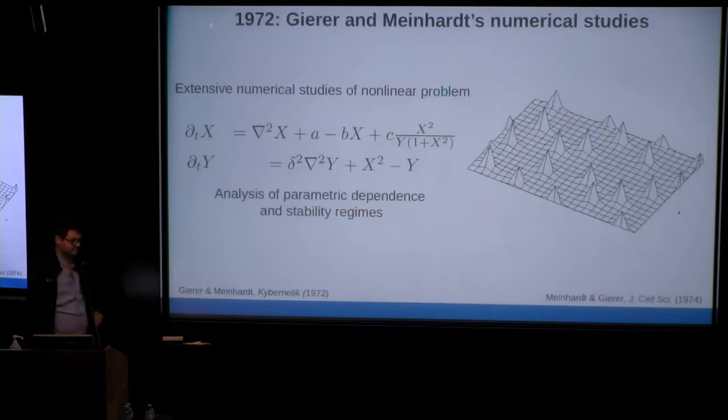So 20 years after Turing, there's a resurgence of interest in this problem from the mathematical community. You get Gierer and Meinhardt, who do much more sophisticated numerics, taking advantage of a generation's worth of computational development, much more sophisticated studies of these reaction diffusion systems. They're looking at it in 2D. They're looking at various parametric sweeps and looking at regions of stability.